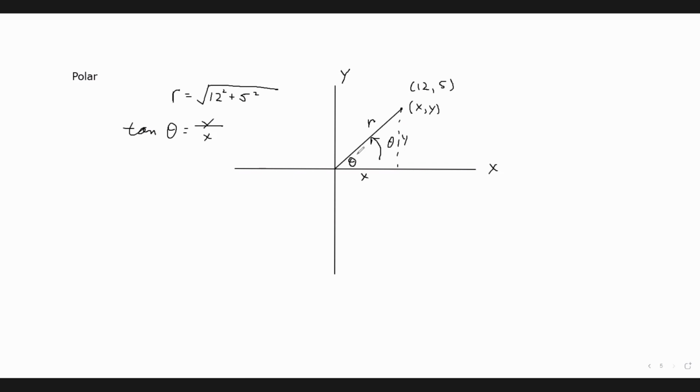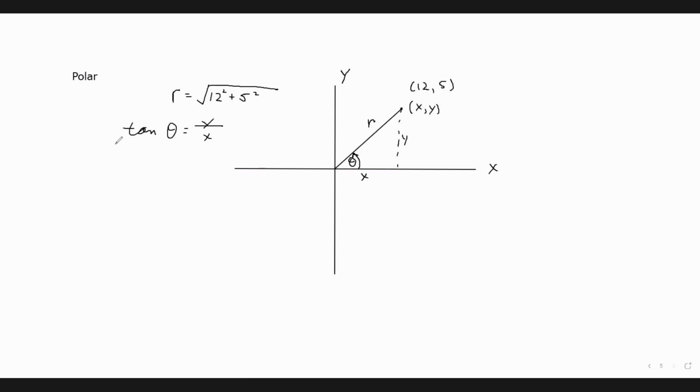That is the angle theta right there. And it's measured positive from the positive x-axis. If it goes the other way, it's a negative angle theta. All right, obviously the tangent of that angle is y over x. So if I know y and I know x, I ought to be able to figure out what theta is.